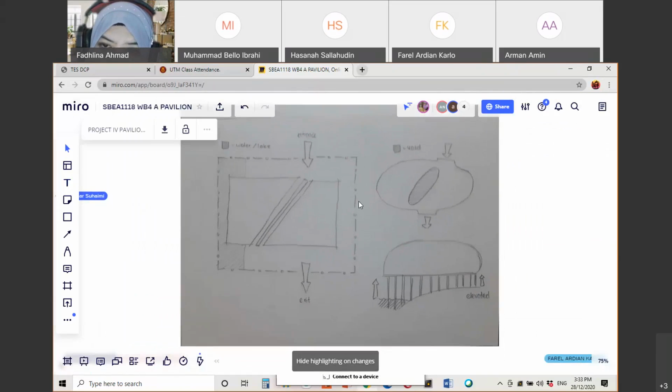The general idea was that I'm trying to partition two zones: one for relaxation and for the view, and the other more for the exhibition itself. So the design that I made was a donut with an oval opening in the center.